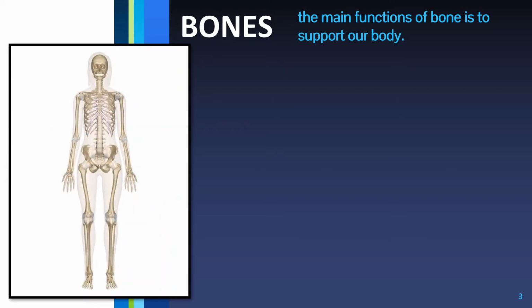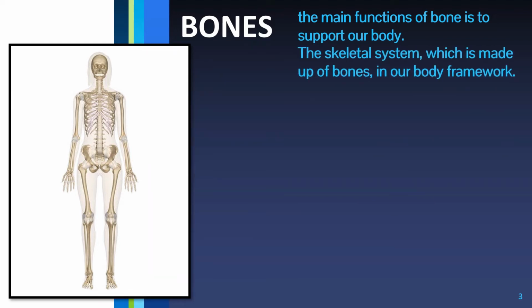This is an example of the skeletal system. When we say skeletal system, that is a system composed of different bones. Ayan po, makikita po natin sa picture yung different bones na meron tayo bilang isang tao. The skeletal system, which is made up of bones, is our body's framework.